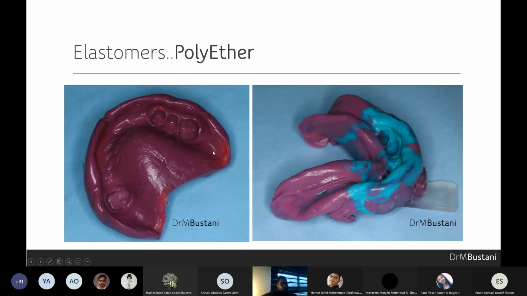When we use polyether, we need to use an adhesive, because polyether won't adhere to the tray, even if it was a special tray. So you need to use a specific tray adhesive to make sure that the impression material won't separate from the tray. Okay, and that was this red color.